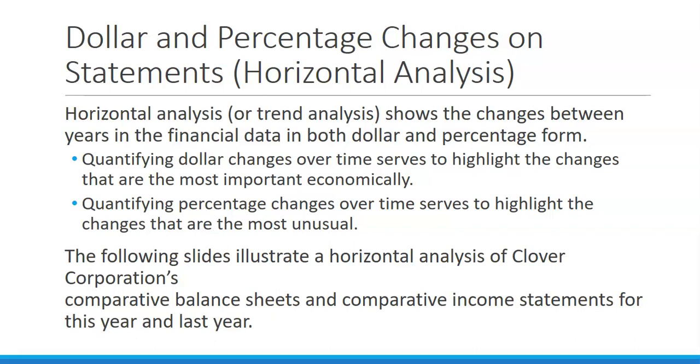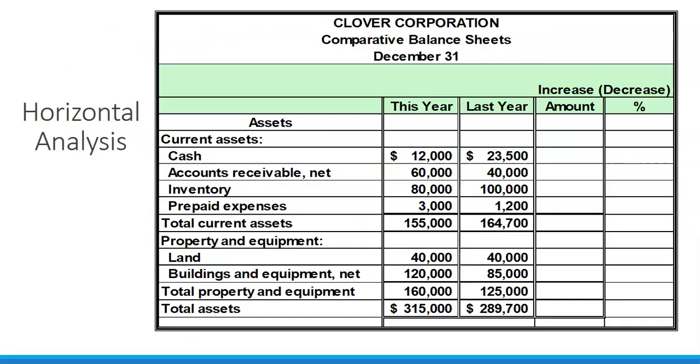When we see financial statements, most companies give out multiple years of information. This allows us to look at 5 to 10 years of information and look at trends in their information. So for this example, we have a balance sheet, 2 years of information, and we're looking at the difference between last year and this year.